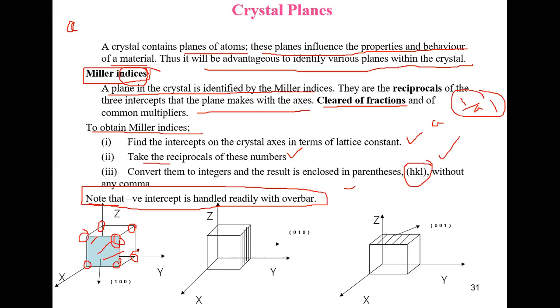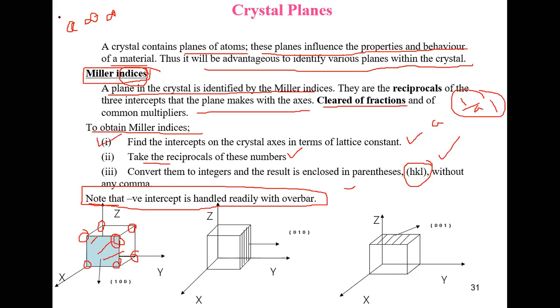So the intercept of this plane on the y-axis, and also the z-axis, since it's parallel to the z-axis as well, will be infinity. So the intercept on the y-axis is infinity, and on the z-axis also infinity. So the first task is done.